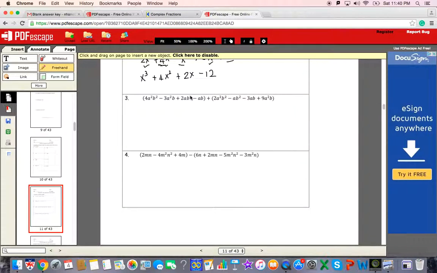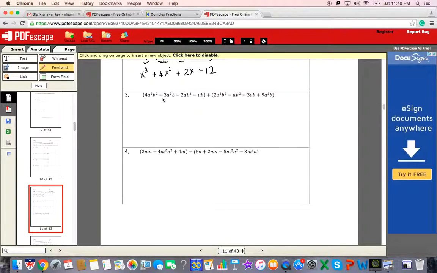Again, it starts to look even harder because we have multiple things happening here with the A's and with the B's and with the numbers, but that is okay. So the key is to just keep work neat and organized. So here we have 4a squared b squared, I laugh because already my work is not that neat, minus 3a squared b plus 2ab squared minus ab.